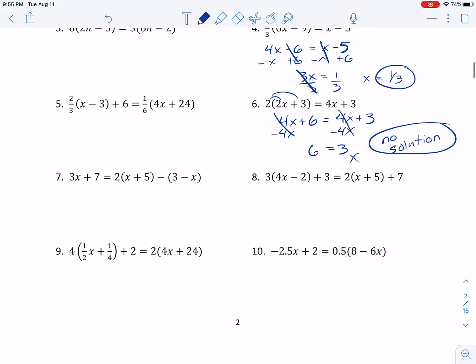Number 8, distribute. We're going to have like terms on both sides of our equation here, negative 6 and positive 3, 10 and 7.